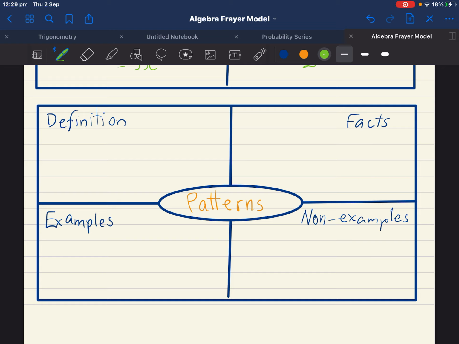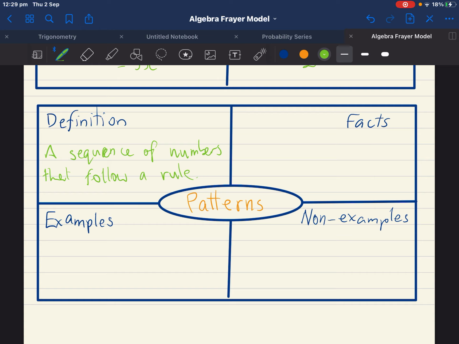But I'm going to put down for my definition of patterns: a sequence of numbers that follow a rule, some sort of a rule, right? Okay, so that's going to be my definition.